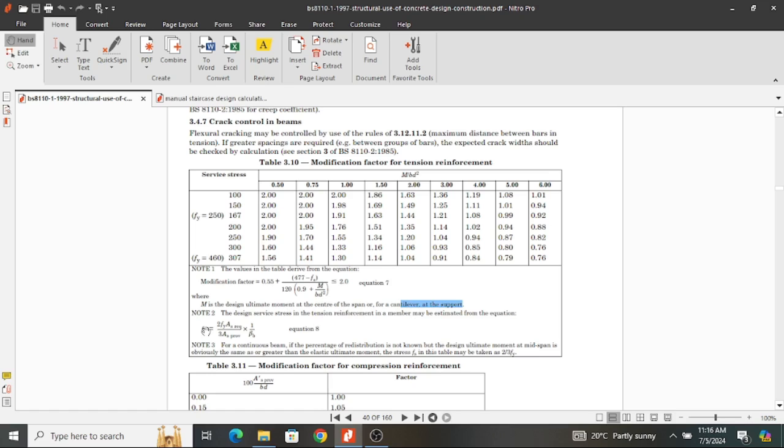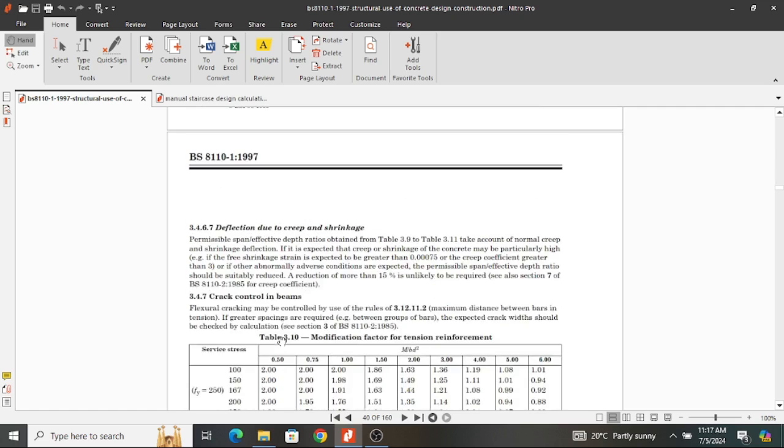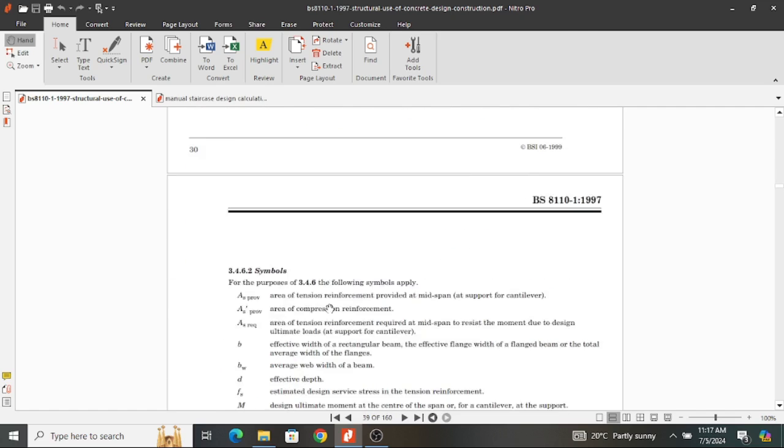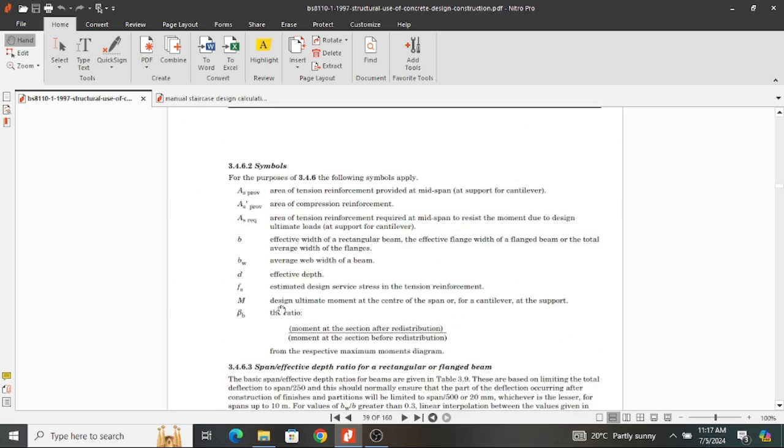Note 2. The design service stress in the tension reinforcement in a member may be estimated from this equation. So the design service stress, which we normally call Fs, is determined by 2 Fy As required over 3 As provided, multiplied by 1 over this beta B. And let's see what beta B is.